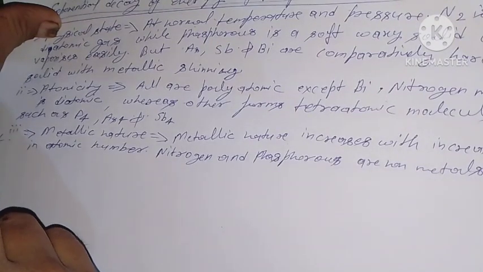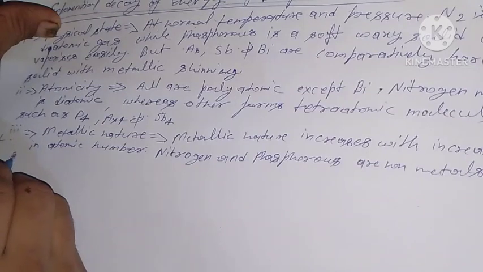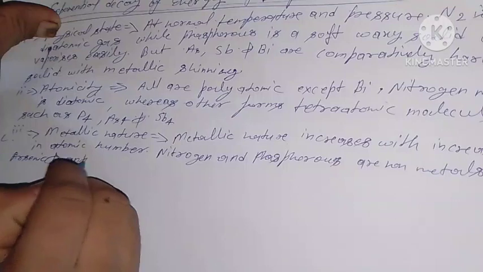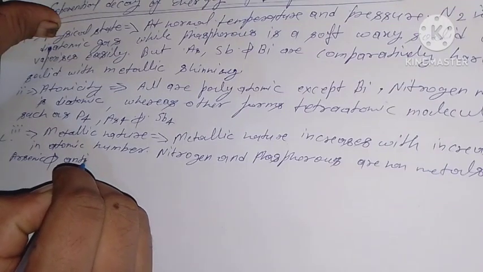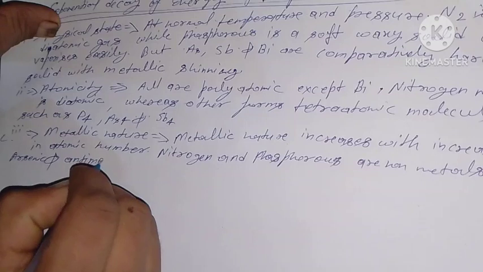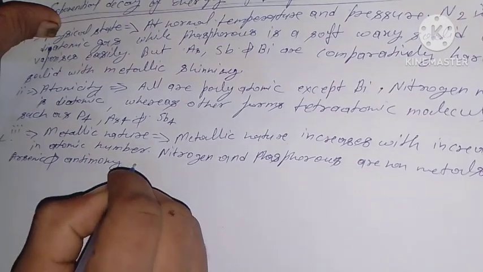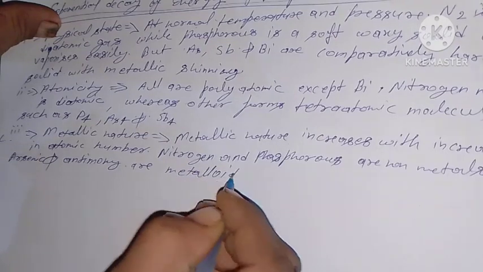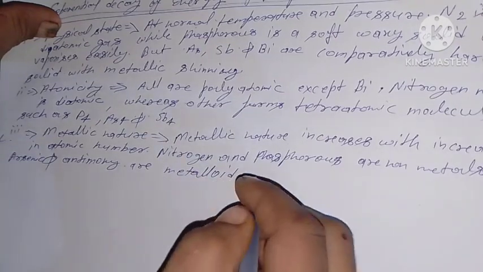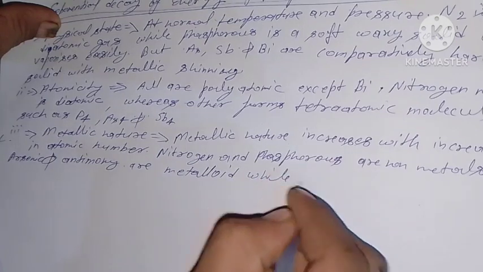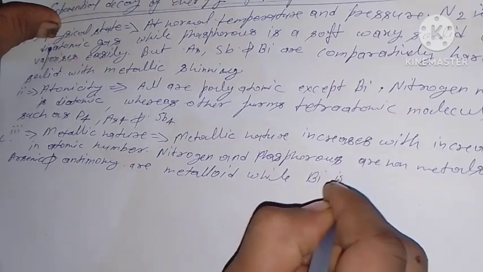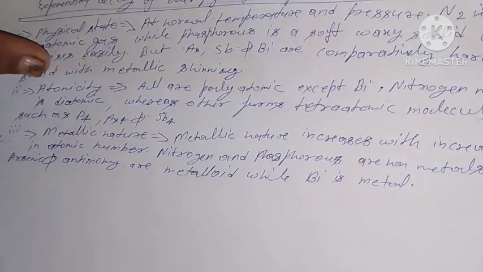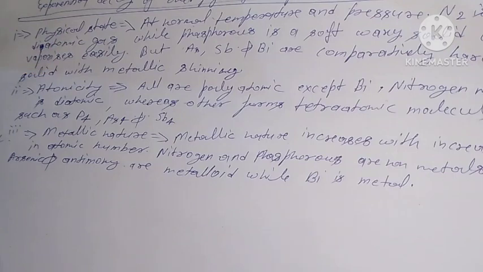Arsenic and antimony are metalloids, while bismuth is a metal.